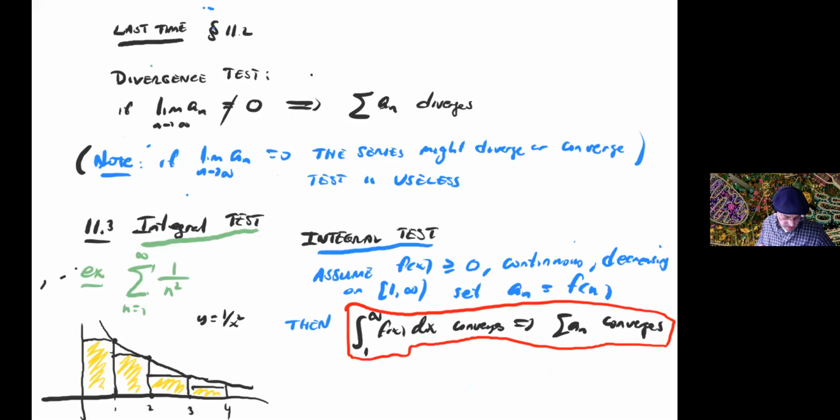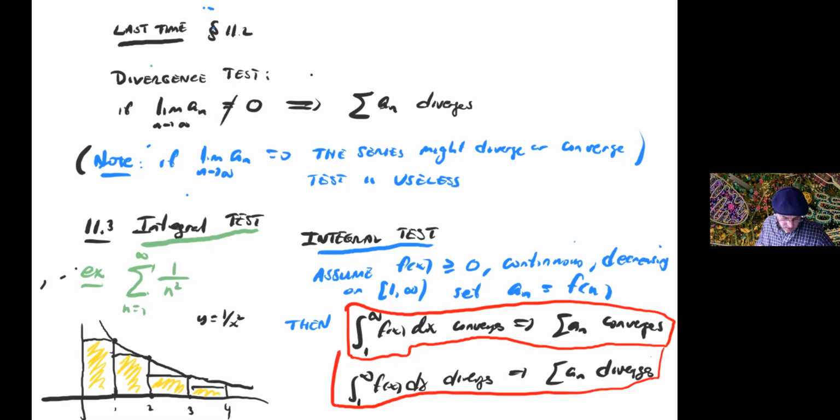The other part of the test, which I did not state, is that if the integral diverges, then the series also diverges. So it's an if and only if. I blew this statement, sorry. So that's the companion statement. You could put an if and only if here.